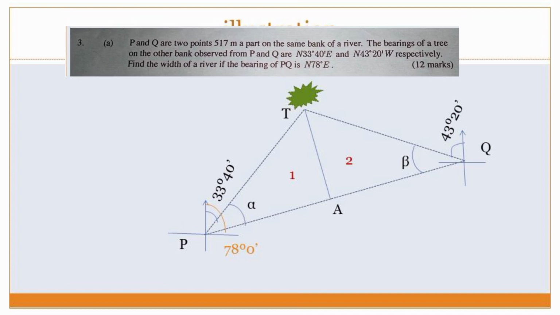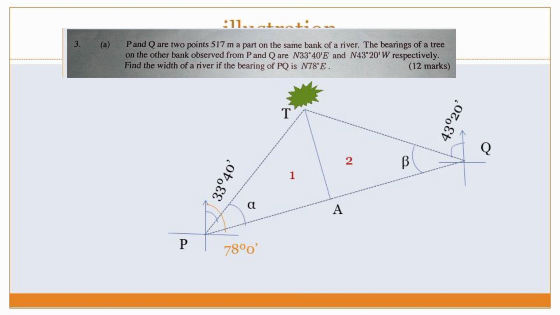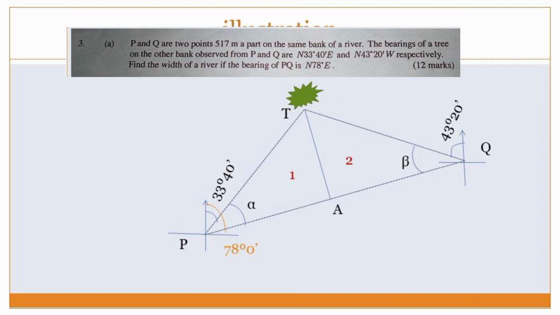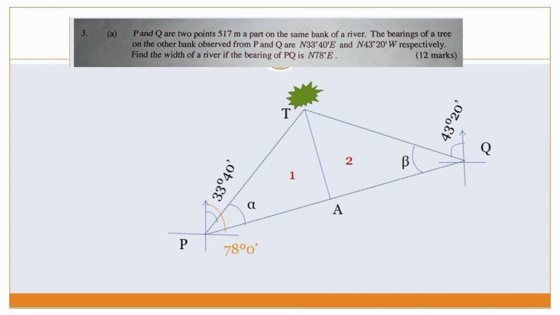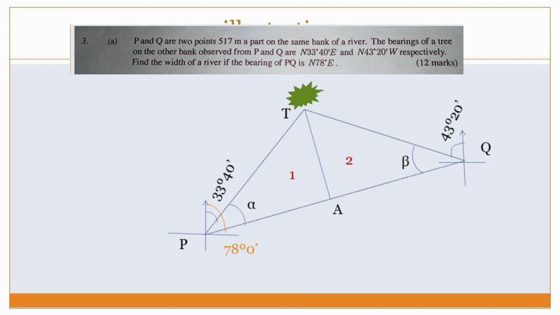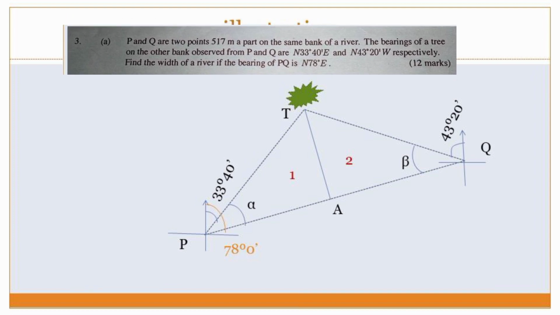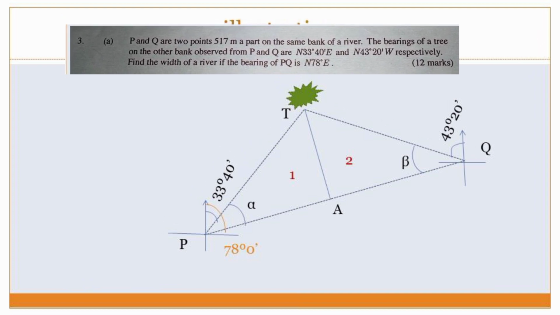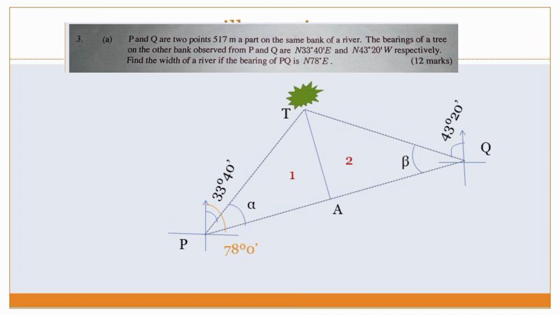And then north 43 degrees 20 minutes west is found in the last quadrant of the compass. From Q to the tree, I've illustrated there.